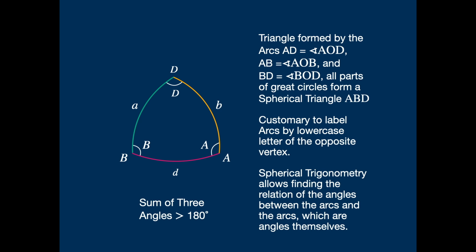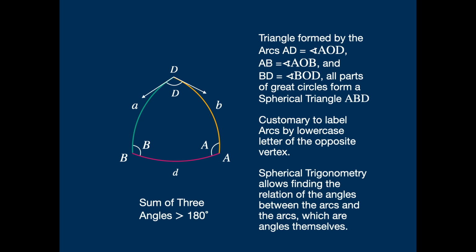One is the tangent to arc small a and the other is tangent to arc small b. Then capital D is the angle between those two tangents. So spherical trigonometry allows finding the relation between the angles between the arcs and the arcs, which are angles themselves. And in this case, the sum of three angles can be greater than 180 degrees.